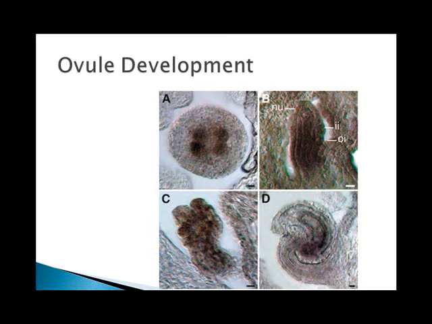At the opposite end are the 3 antipodal cells. The other 2 nuclei in the center share the cytoplasm of large central cells called the polar nuclei, and the micropyle is the opening through the integuments surrounding the embryo sac, and that's where the pollen tube goes through.